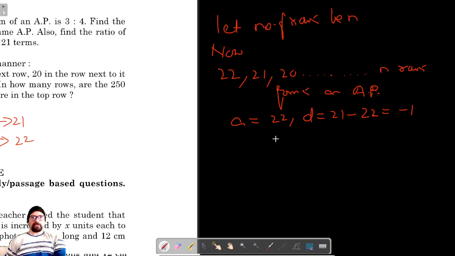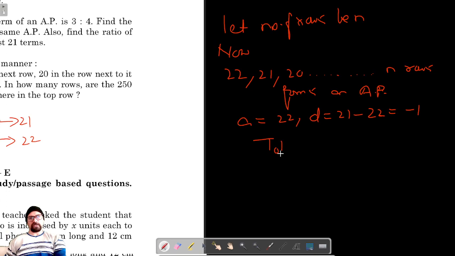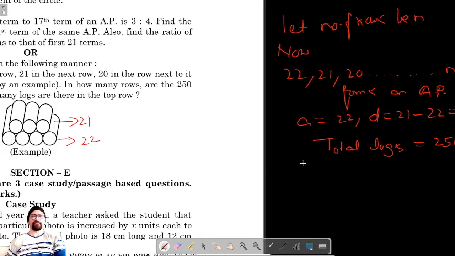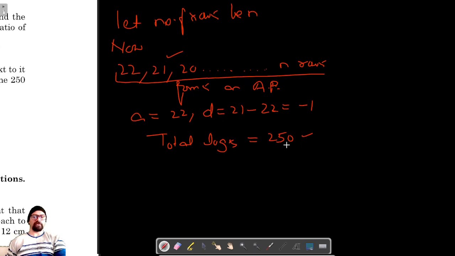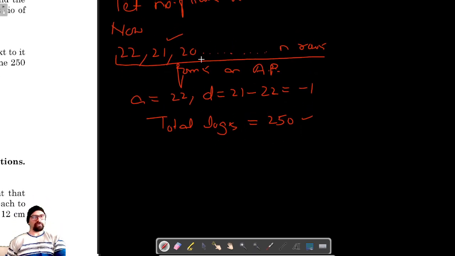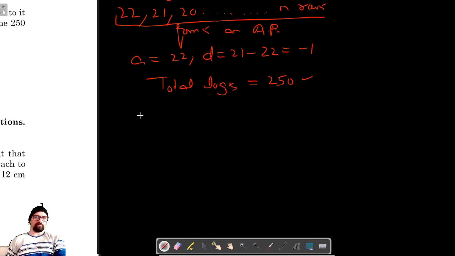It's given that the total logs is 250. That means if we sum up the number of logs in each row, it will give 250. To sum up these rows which are in AP, we use the formula S_n equals n by 2 into (2a plus (n minus 1) into d).